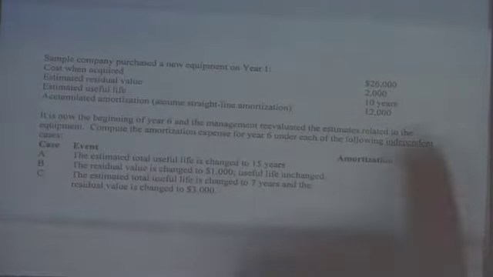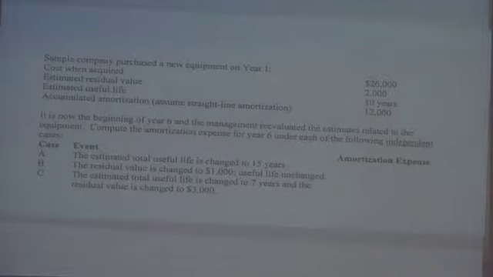So in case A, they changed the useful life from 10 years to 15 years. In case B, they changed the residual value from 2,000 to 1,000, and the useful life remains unchanged.